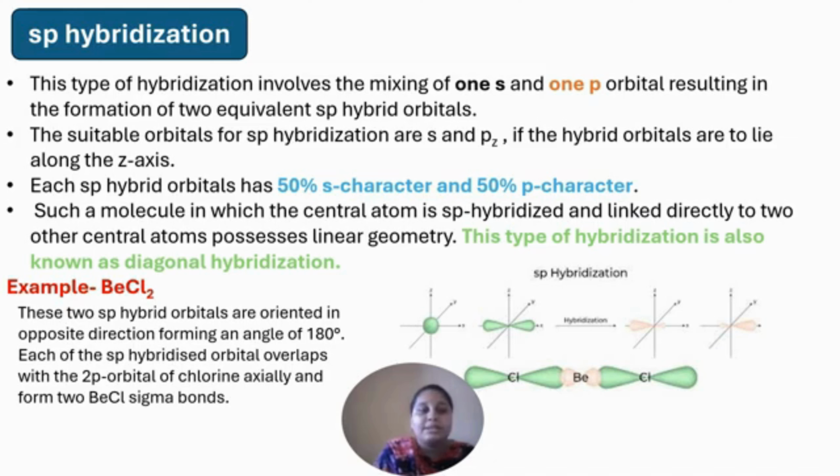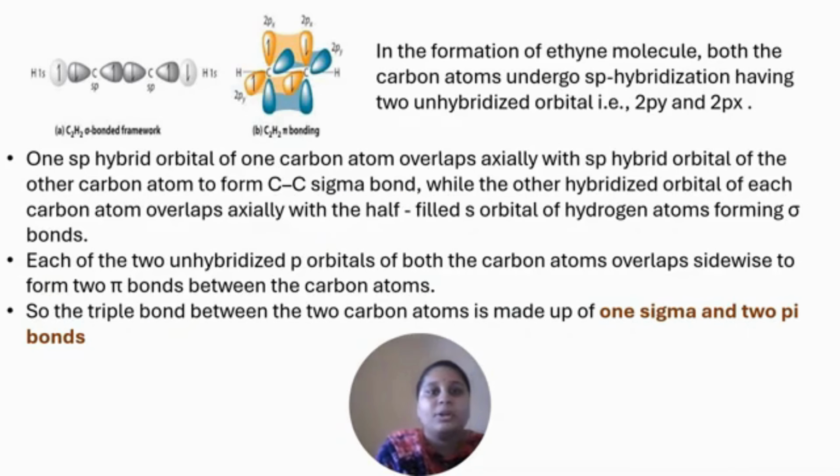This type of hybridization is known as diagonal hybridization. An example is BeCl2. In BeCl2, the bond angle is 180 degrees, and the 1s and 2p orbitals of chlorine axially overlap to form Be-Cl sigma bonds. This sp hybridization also takes place in the C2H2 molecule, with the help of 2py and 2px hybrid orbitals.